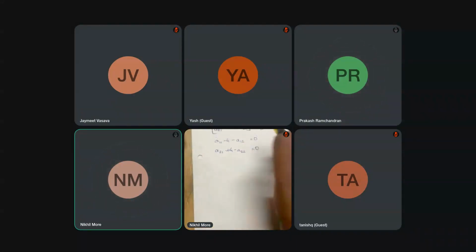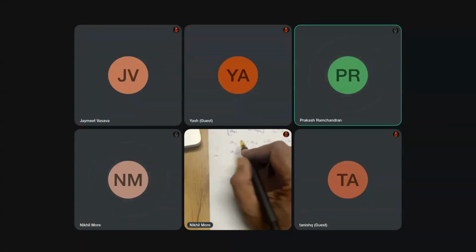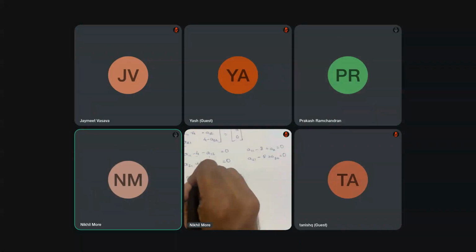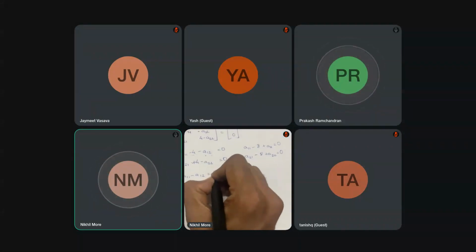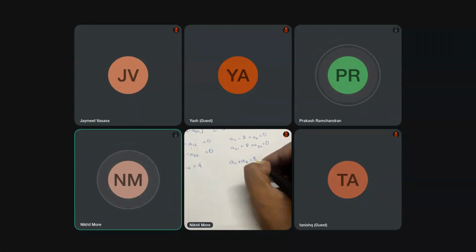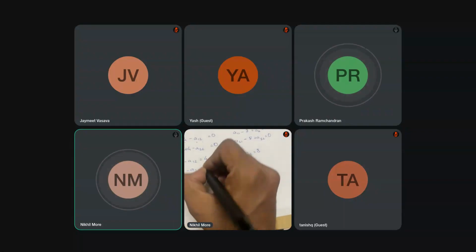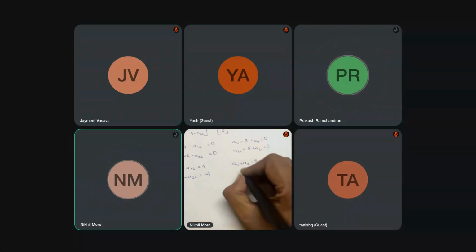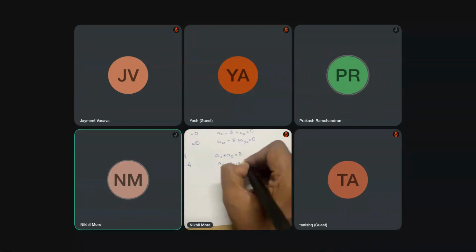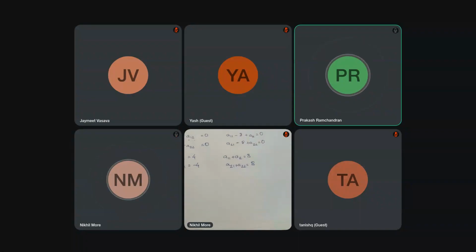If we solve these four equations, moving all the constants to the right side, we get: A11 minus A12 is 4, A11 plus A12 is 8, A21 minus A22 is minus 4, and A21 plus A22 is 8.